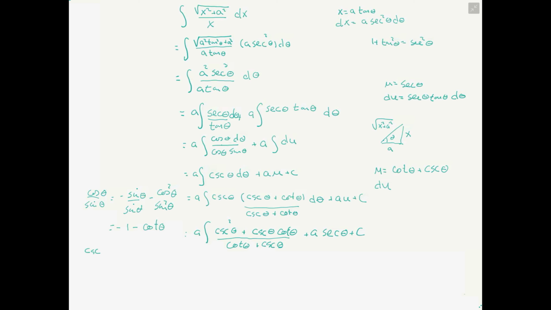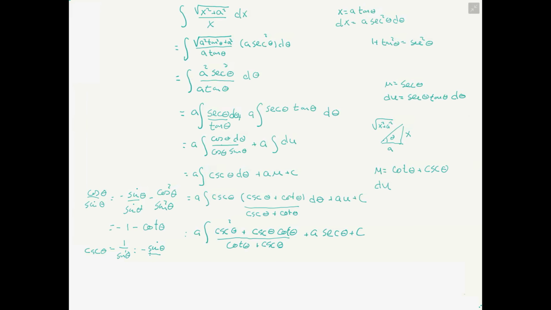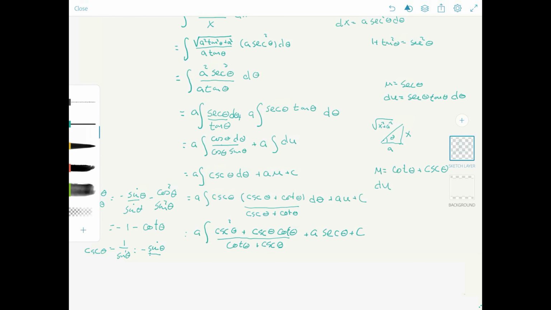So that's equal to minus 1 minus cotangent theta. And we also have cosecant theta, which is equal to 1 over sine theta, and its derivative is minus cosecant theta cotangent theta.